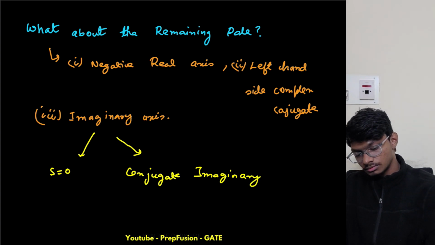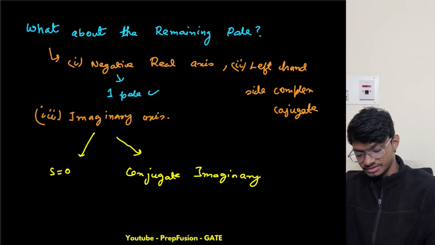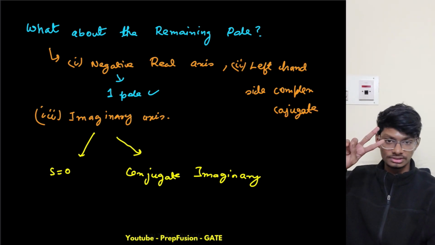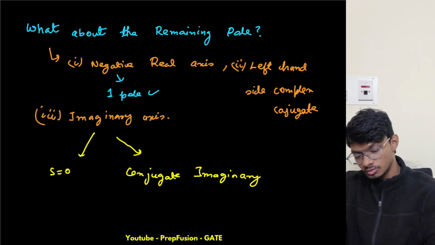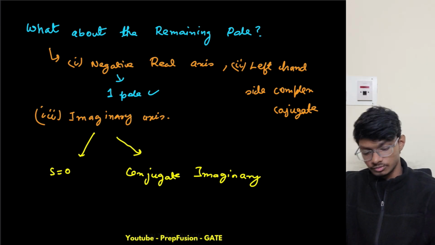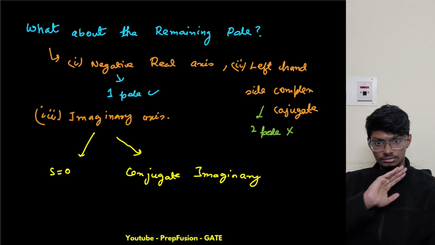So what is the requirement? This one needs only one pole, but the conjugate imaginary one is in complex conjugate form, so it will need two poles, and I have only one remaining pole. Hence this I will eliminate.